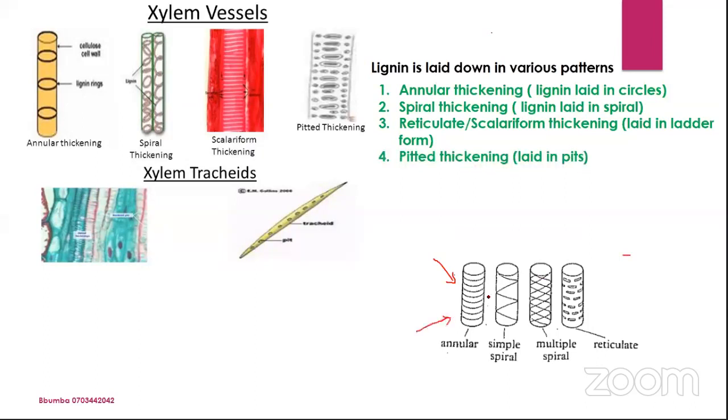This is what you'll find in Functional Approach. But when you open some other books, they have that pitted thickening. Let me try to draw it here mechanically. This is it, and then it will have those pits. Pits are like oblongs, like that. That is the one which is called pitted thickening, like that.